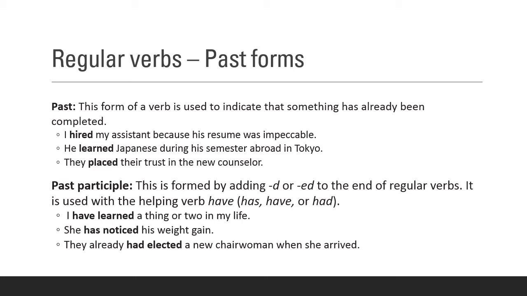So we need to understand that the past participle can't be used alone, just like the present participle form. They always have to be used along with the helping verbs. The present participle is always used along with the helping verb be, that is, am, are, was, and were, whereas the past participle form is always used with the helping verb have, that is, has, have, or had.